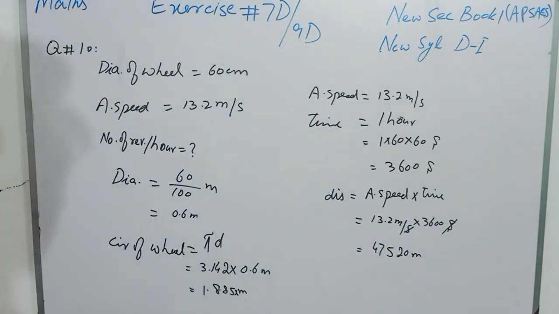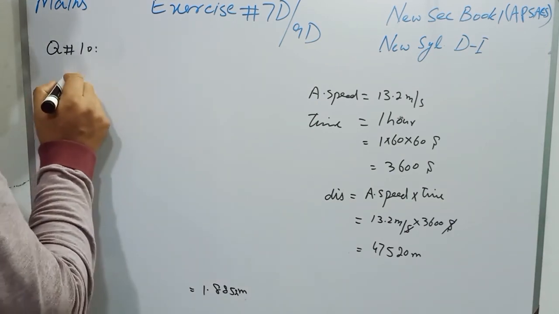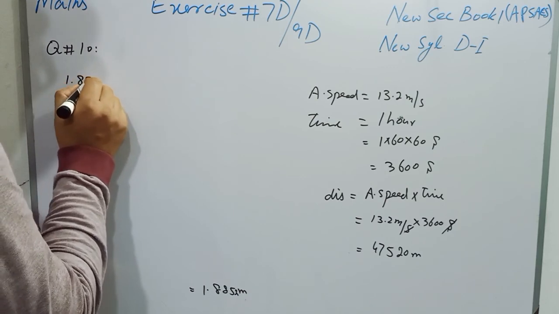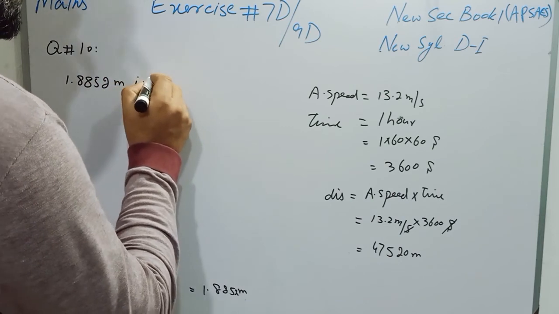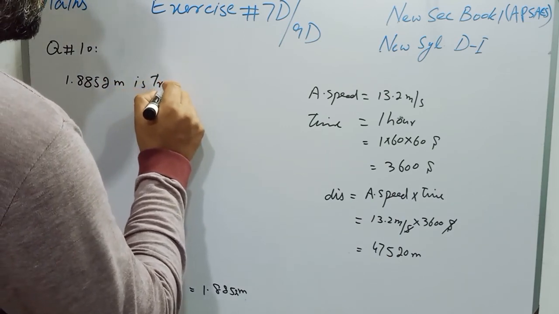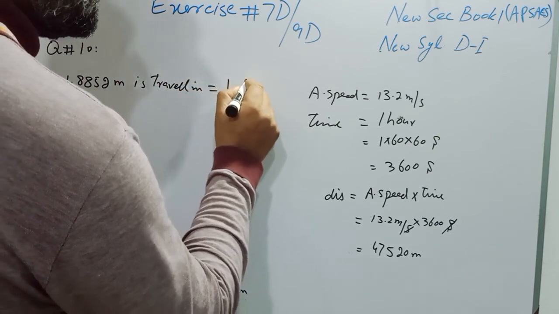And in one revolution, the wheel is traveling 1.8852 meter. And now we will find the number of revolutions the wheel makes in 1 hour. So students, 1.8852 meter is traveled in 1 revolution.